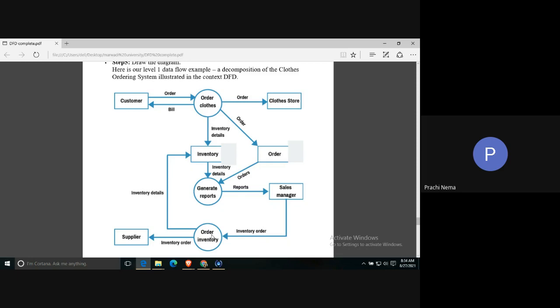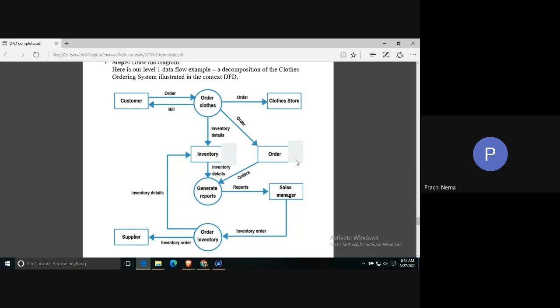Second step was to select the entities. Here entities are same as the previous one. Customer, clothes store, supplier, and sales manager. Okay, so these are the 4 entities. Third step was considering the data repository. Here, this notation is used for data repository.